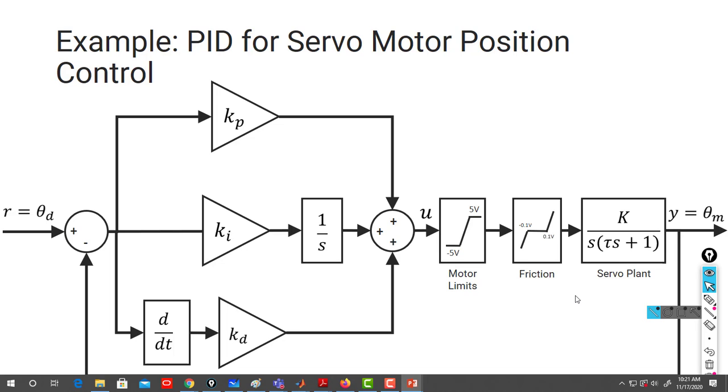Because we know the rotation speed is proportional to the voltage you are applying, right? Proportional. But is there any voltage that can turn on your motor, or is there actually a threshold at which your motor starts running? Do you think any small voltage you apply to your motor will start it running, or is there a threshold?